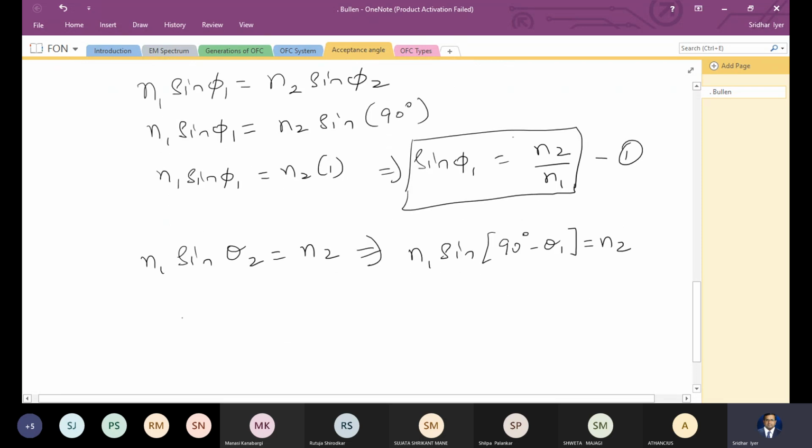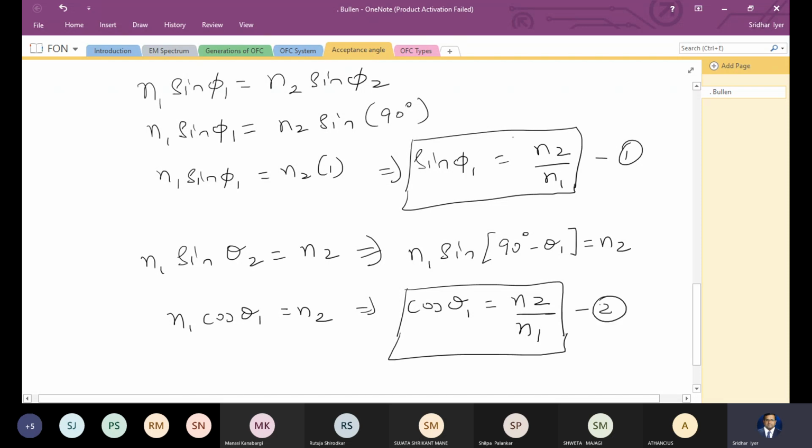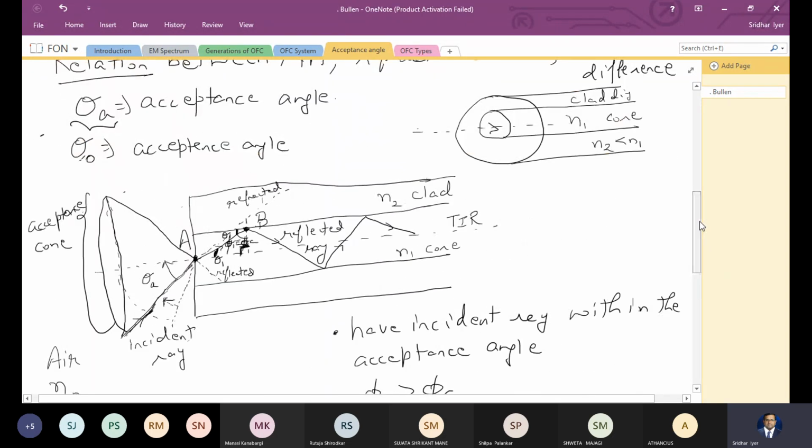I can write this equation as N1 cos theta 1 equals N2, which implies cos theta 1 is N2 by N1. Let us call this equation 2. So now you have two equations in the form of phi 1 and theta 1, and both are related to N2 by N1.